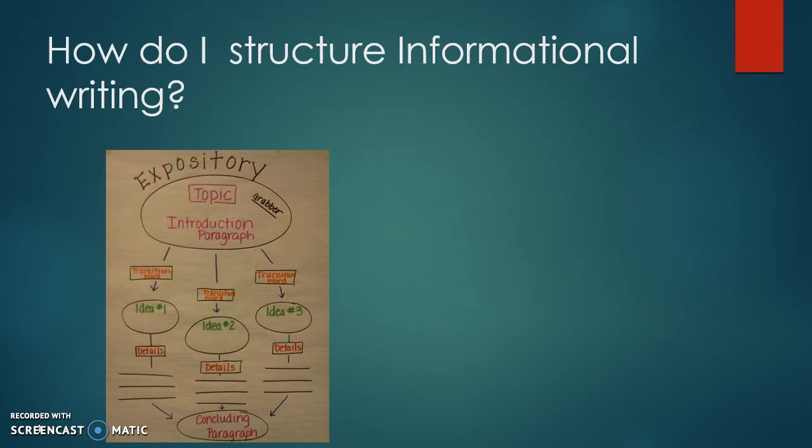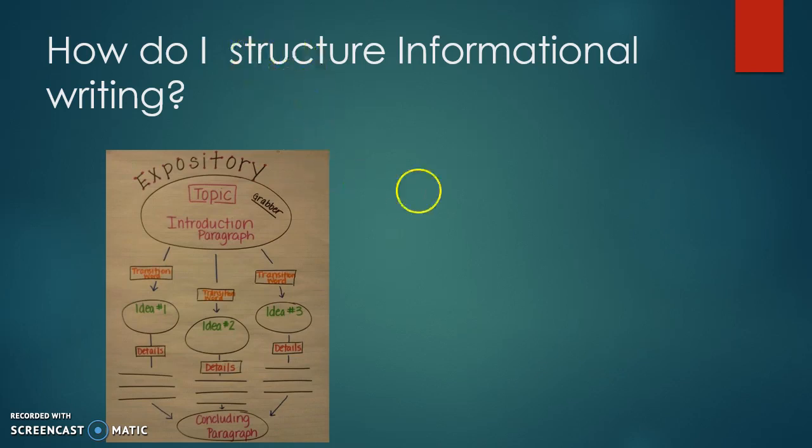All right, so how do I structure my informational writing? This is what it's going to look like when we actually start writing. You're going to have a main topic, something that you're going to decide to write about. And then you have the grabber, that's like the hook. You want to start with something really interesting, maybe a quote, maybe a funny fact, something that's going to grab the reader's attention.